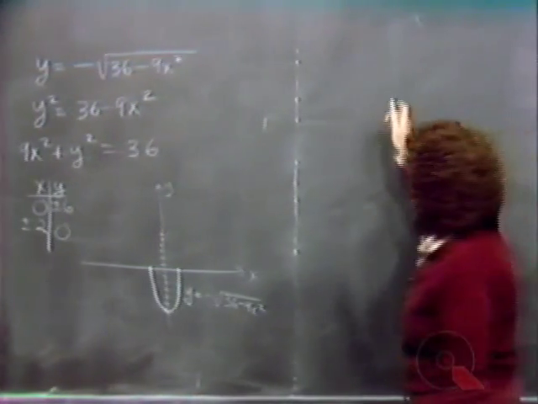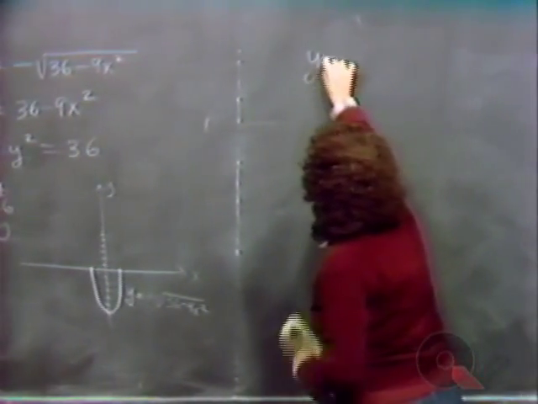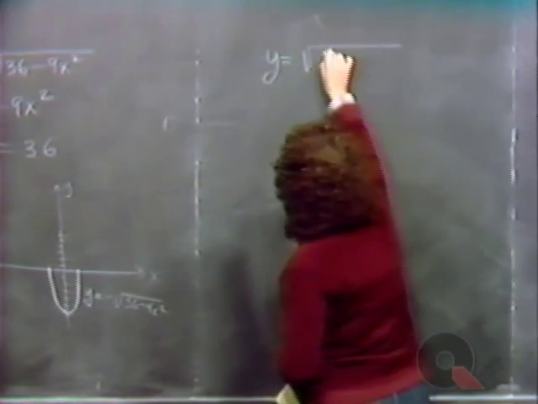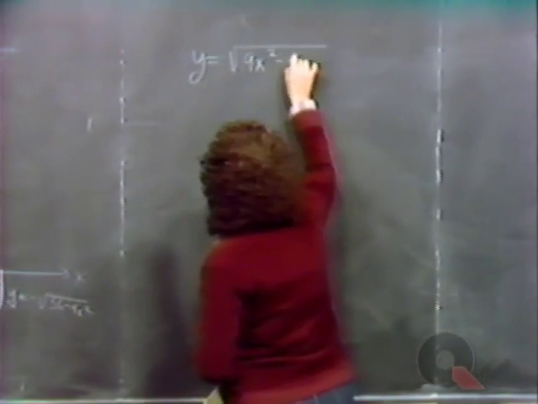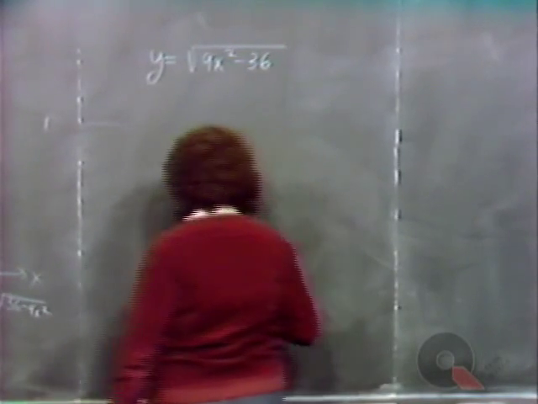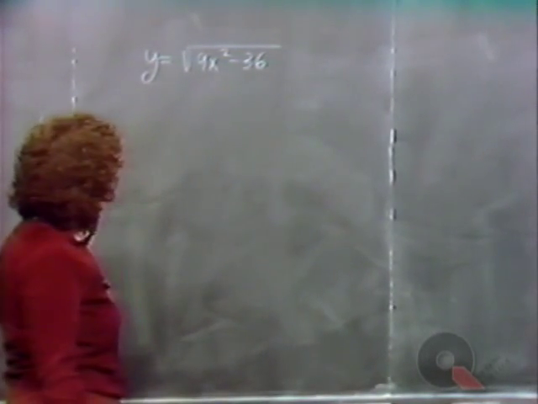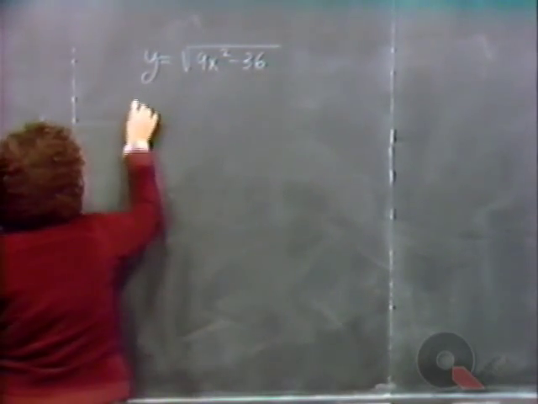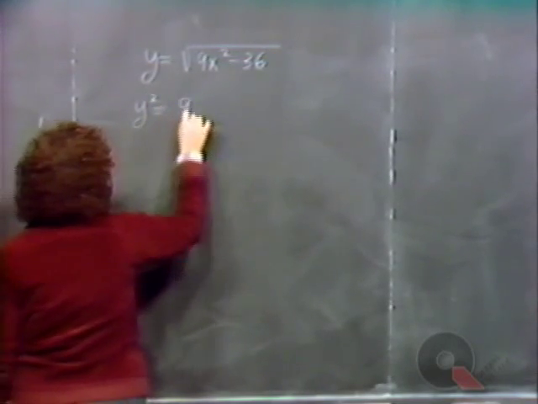For our next example, y equals the positive square root of 9x squared minus 36. Once again, we will square both sides to see what we get.